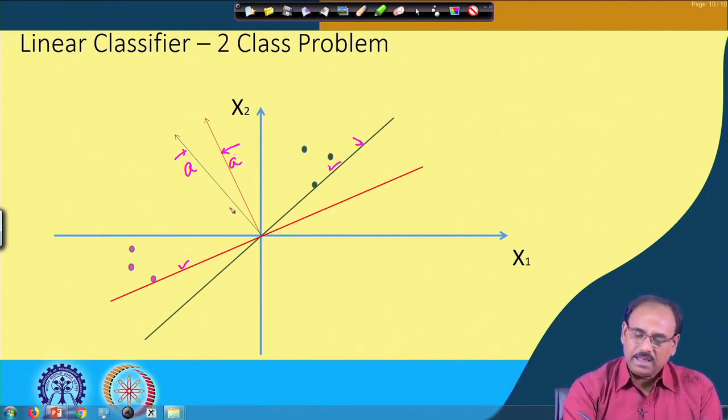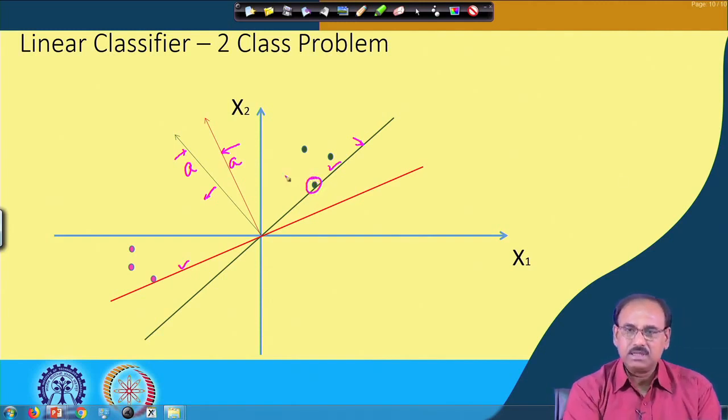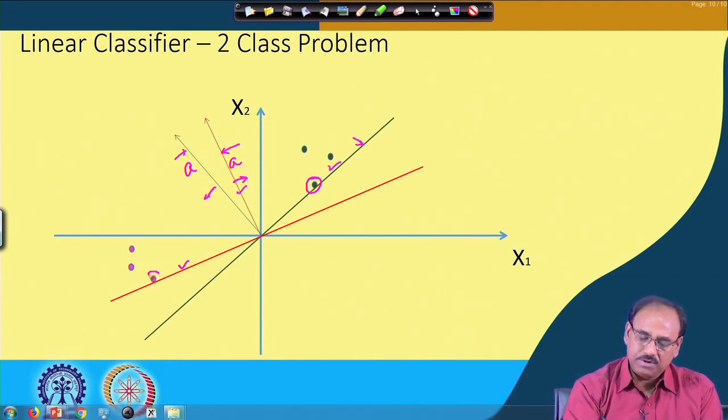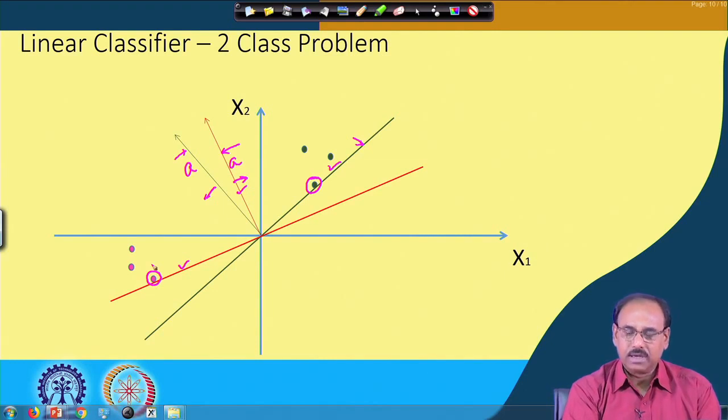And you find that if the solution vector A is rotated towards left from this limiting position, then this is a vector which is going to be misclassified. Similarly, if the solution vector A is rotated in the clockwise direction from this position, then this is a feature vector belonging to class omega 2, which is going to be misclassified.